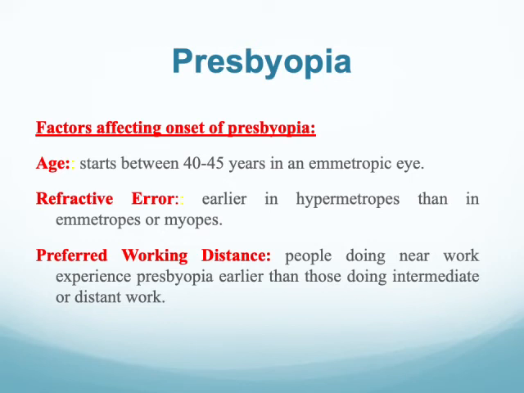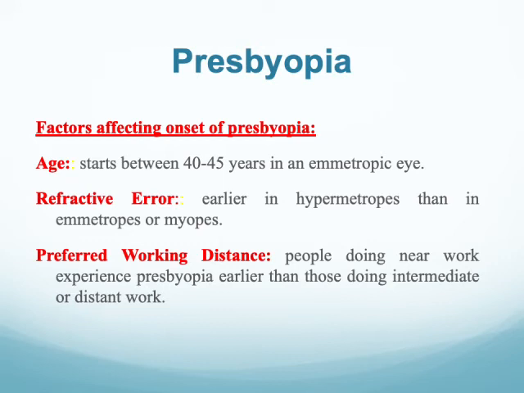If we look at different occupations, if you are a tailor, as you need to work with a needle at 10 to 15 centimeters, of course you will suffer presbyopia earlier than a banker who looks at his computer screen at 60 centimeters, and he will suffer presbyopia earlier than a driver who doesn't use his near vision and is not aware of his presbyopia or his problem.